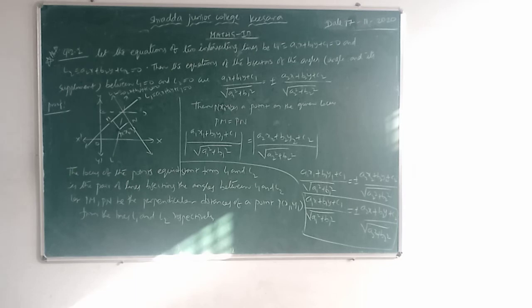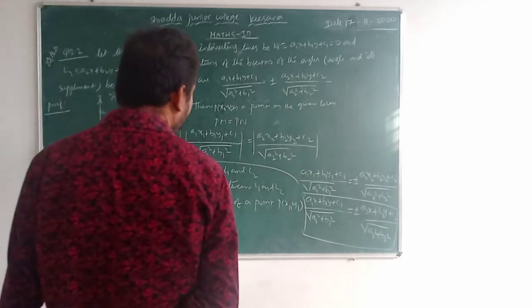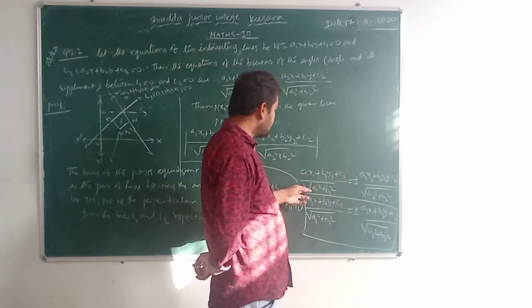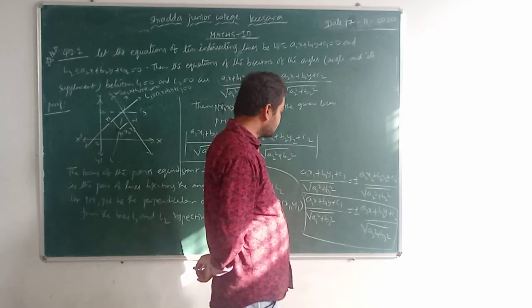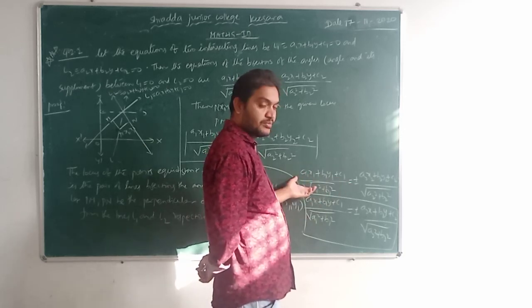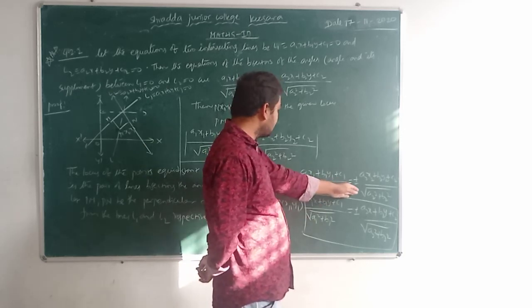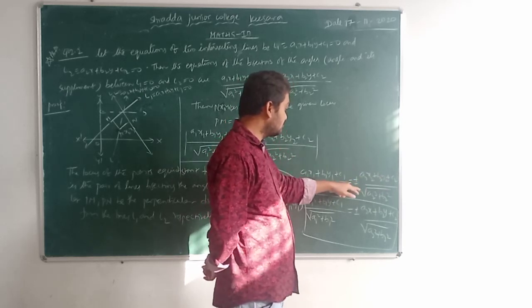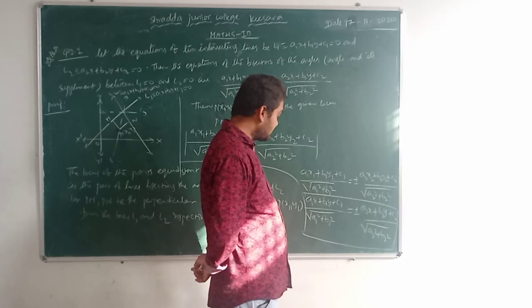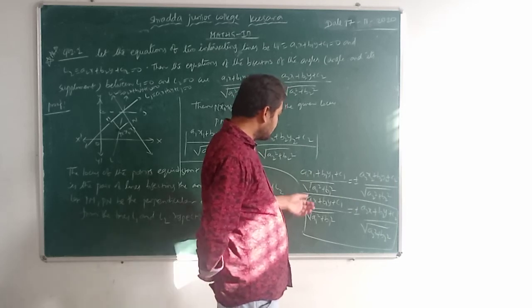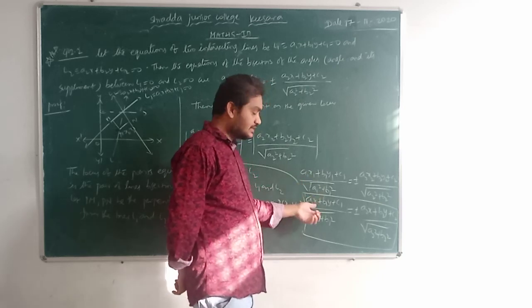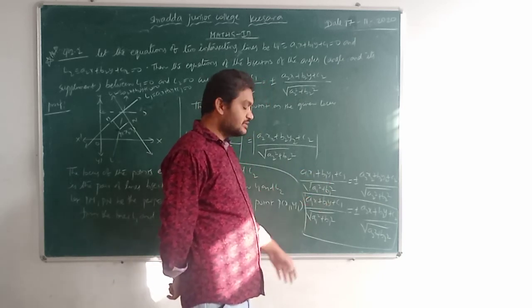So then a1x1 plus b1y1 plus c1 by square root of a1 square plus b1 square is equal to, removing the modulus, plus or minus a2x2 plus b2y2 plus c2 by square root of a2 square plus b2 square. So it can be written with x1 as x and y1 as y.